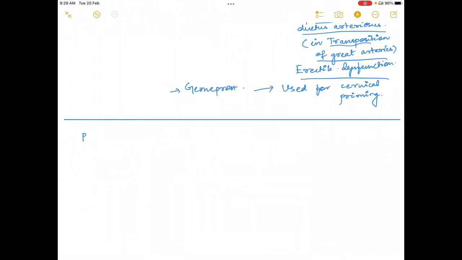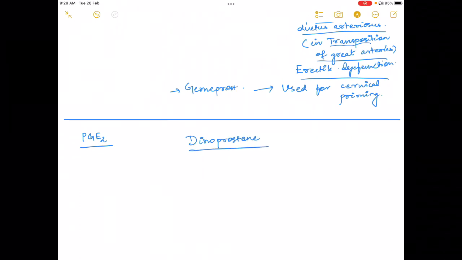Now coming to PGE2. What are the analogs? The analog is dinoprostone. What is the use of dinoprostone?